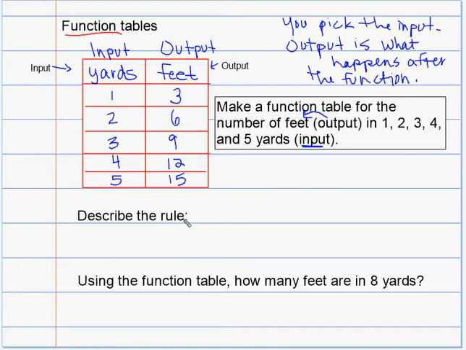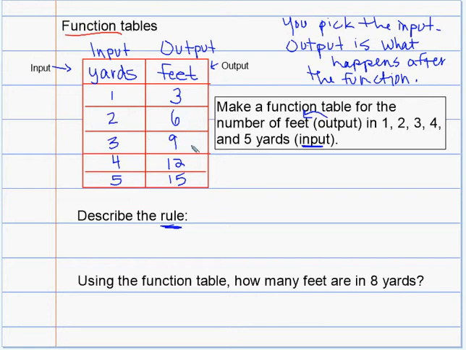Now describe the rule. This is very specific. We need to tell how we can get the output no matter what number we put in for input. So you can't say you're going to add 3.